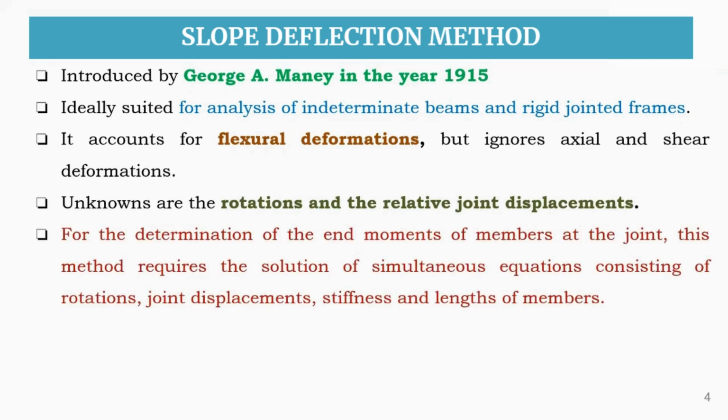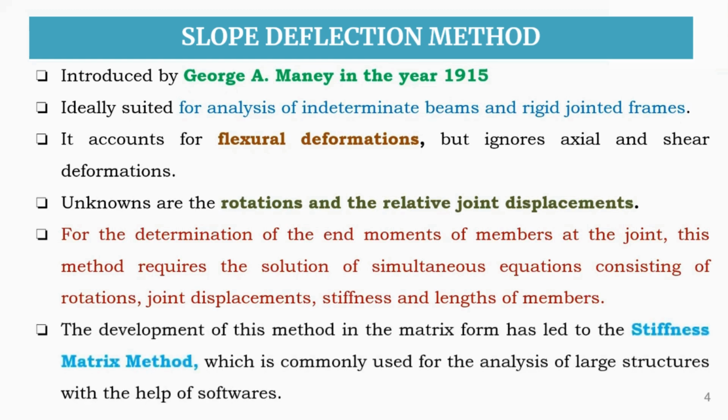For the determination of the end moments of the member at the joints, this method requires the solutions of the simultaneous equations consisting of rotations, joint displacements, stiffness, and length of the members. The development of this method in the matrix form has led to the stiffness matrix method, which is commonly used for the analysis of large structures with the help of software.